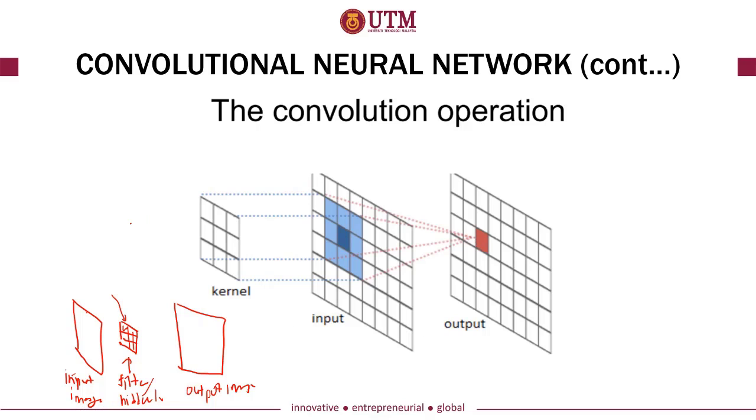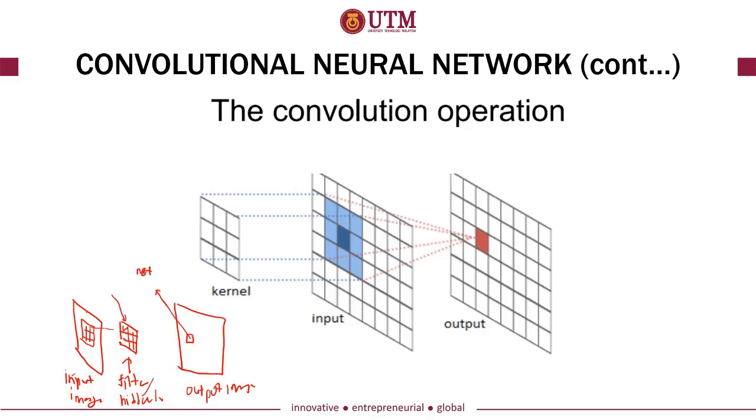Meaning that there's a 3x3 input, so only a part of the input will go into this process, and this actually will produce only a single net. So just imagine this is your net, but I don't know which net number, because there are too many. That's why it's very difficult to represent the CNN with the previous architectures.